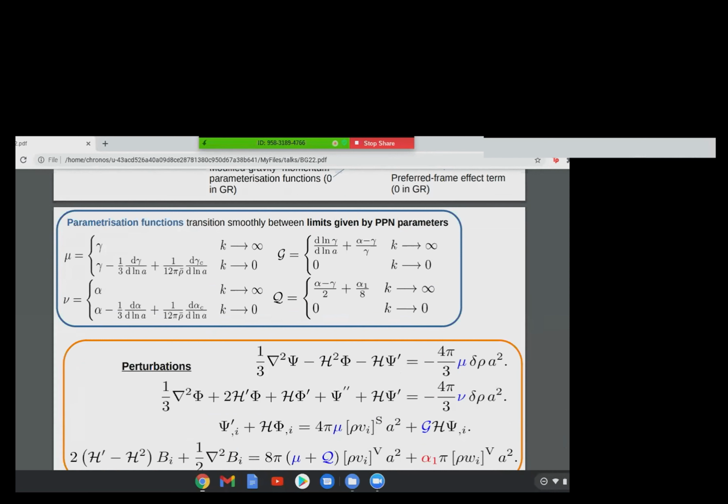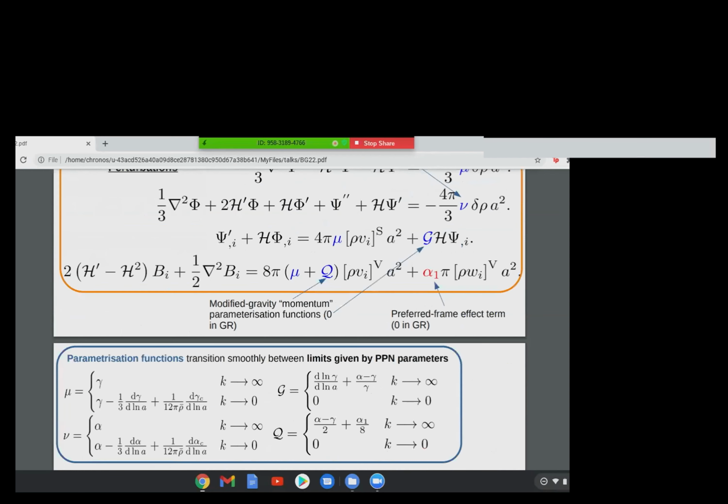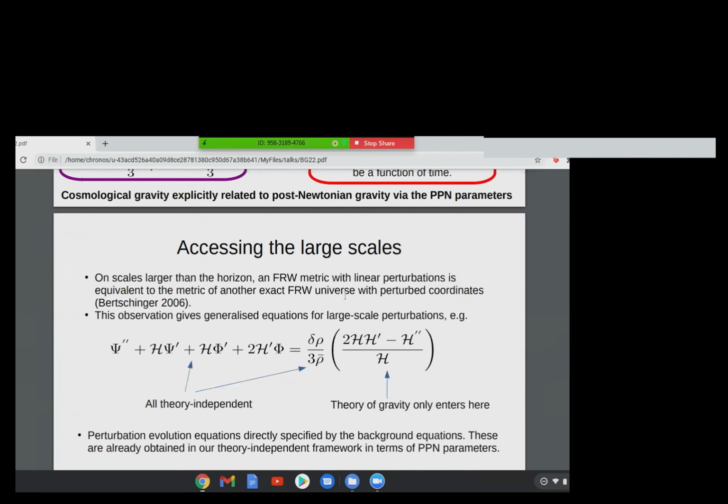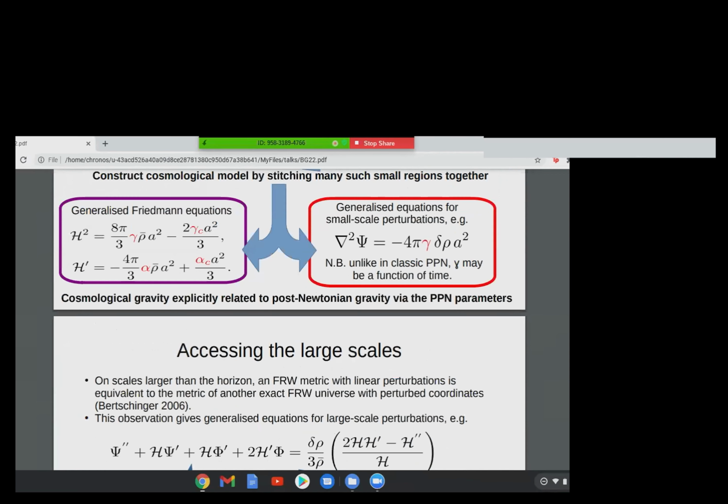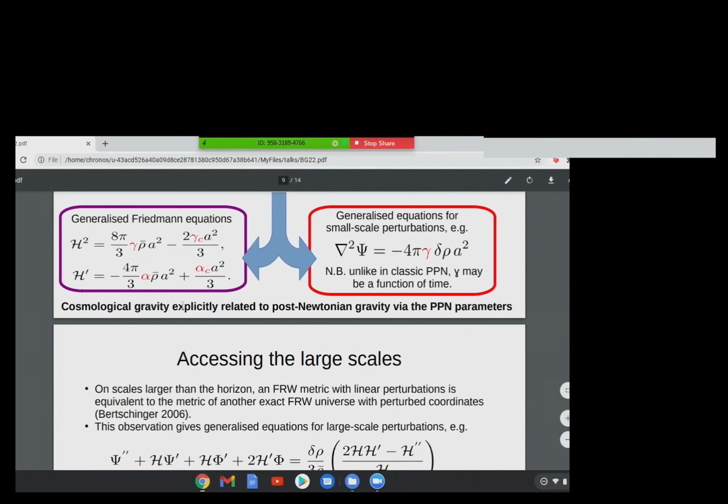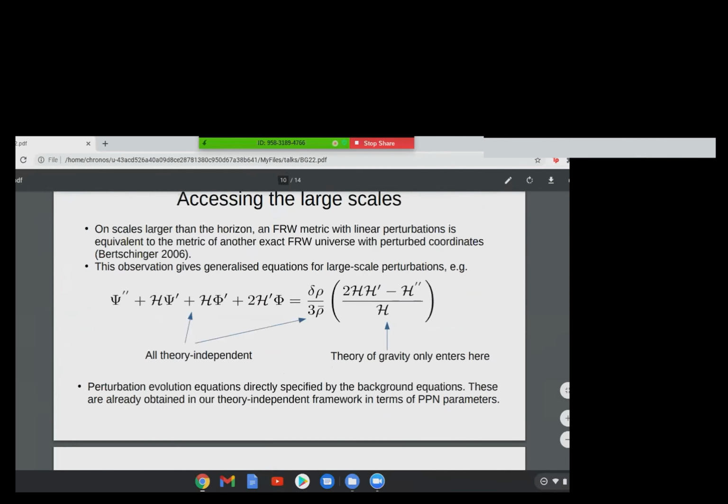And then on very, very large scales, it has to take a form that correctly relates it to the Friedmann background. Because, for example, if you have H double prime in here, that would relate to time derivatives of your PPM parameters.